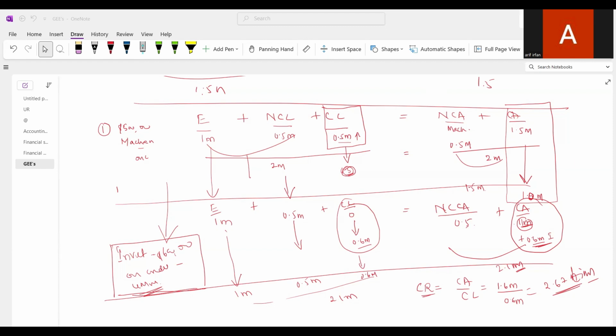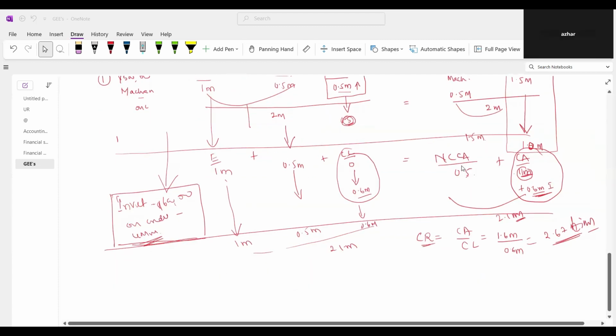What exactly does current ratio mean? The position of the company, or ability.